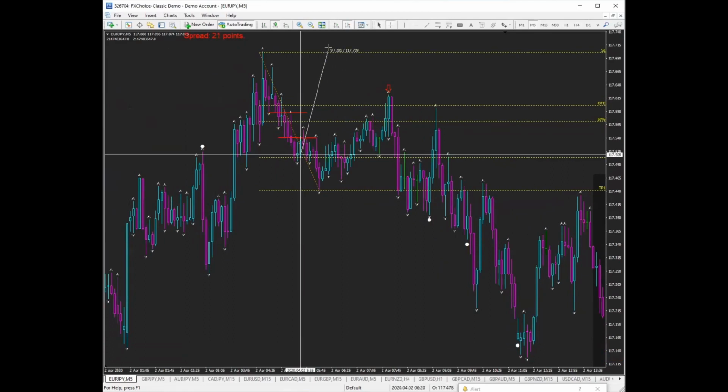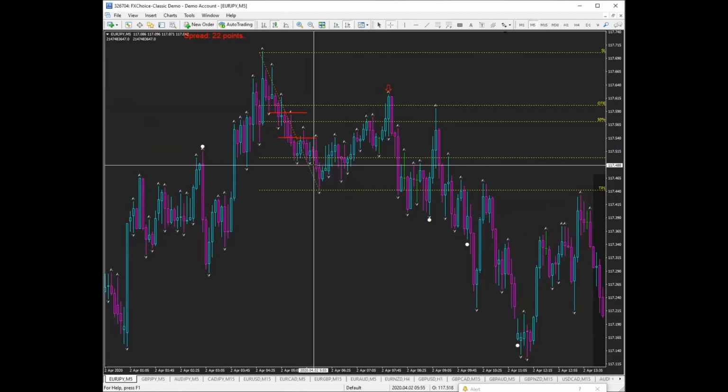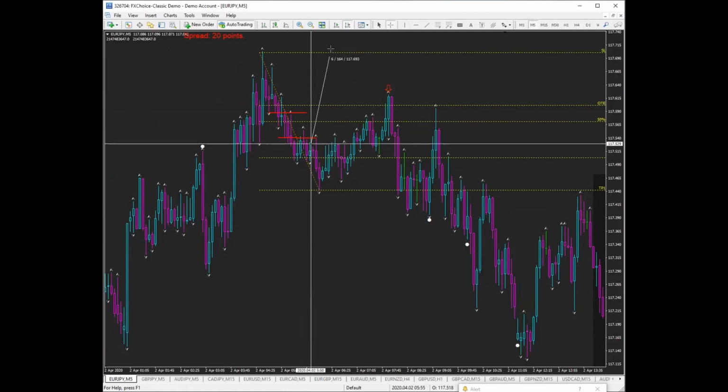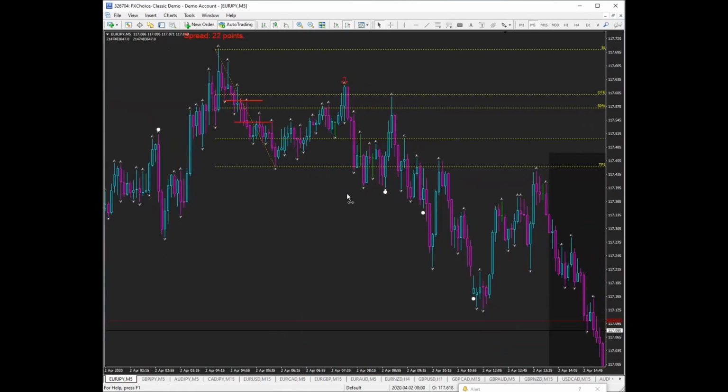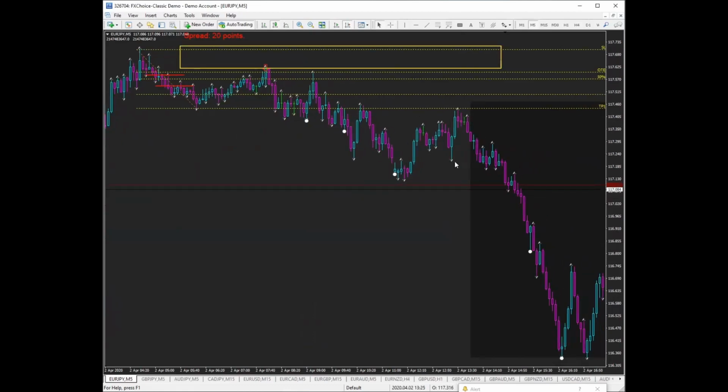Now you have a 20 pip stop loss, but your entry is here, so you're saving 10 pips, half of it. You probably collapsed it here, but then the fractal broke down again here somewhere, and you could have got in again.